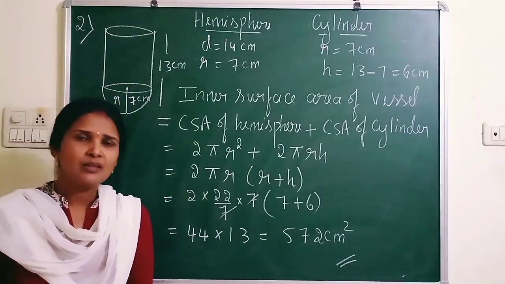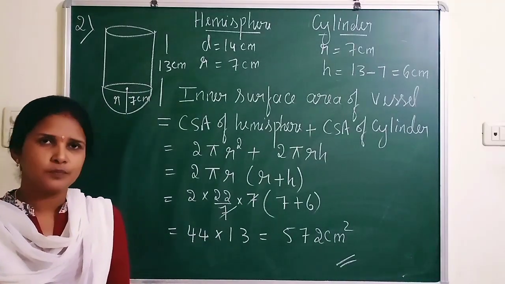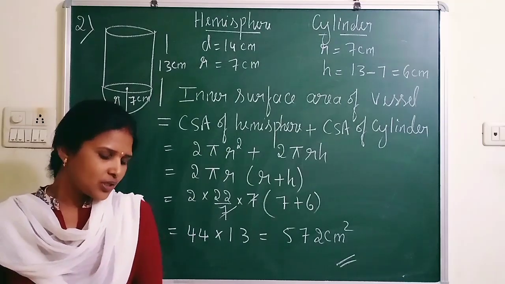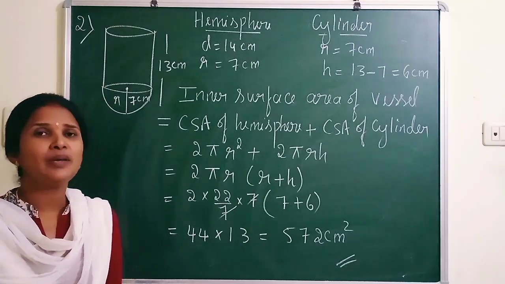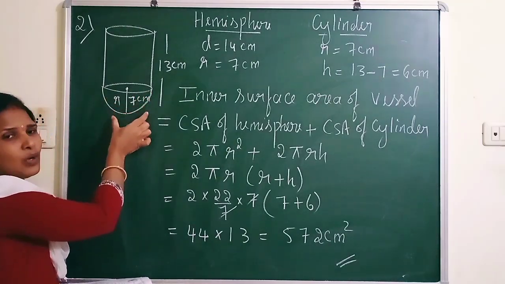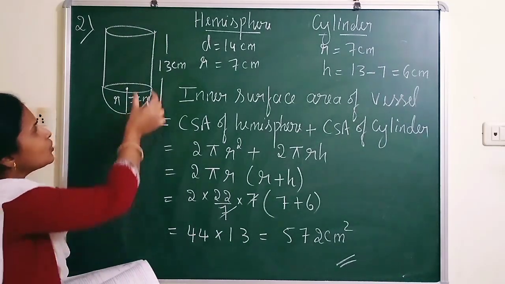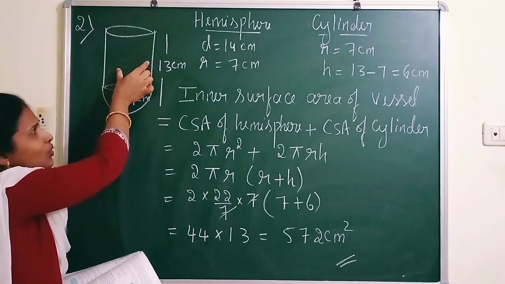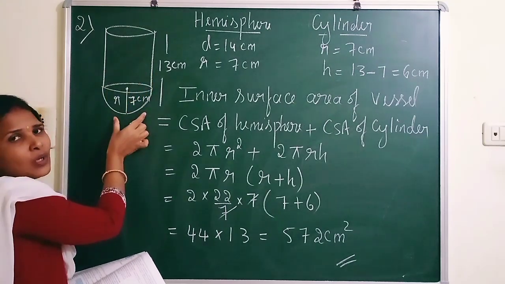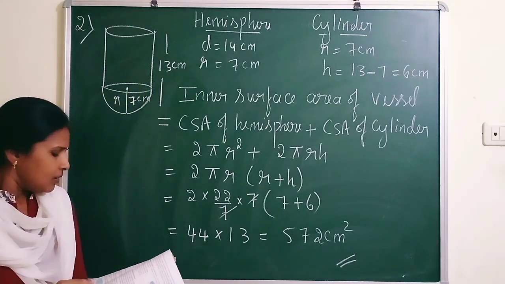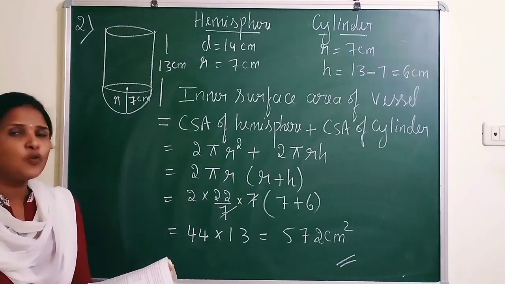Now let me explain the next question, question number 2. Given a vessel in the form of a hollow hemisphere. You can see here a hollow hemisphere mounted by a hollow cylinder. So there is a cylinder which is hollow and it is mounted on a hollow hemisphere. The diameter of the hemisphere is 14 centimeter.